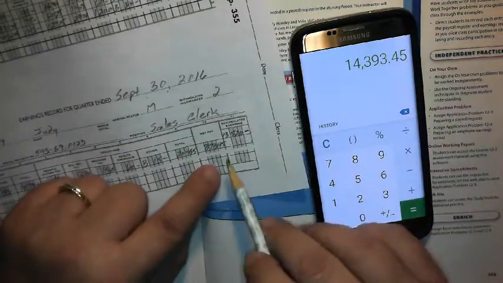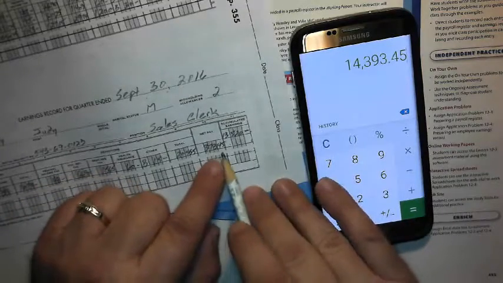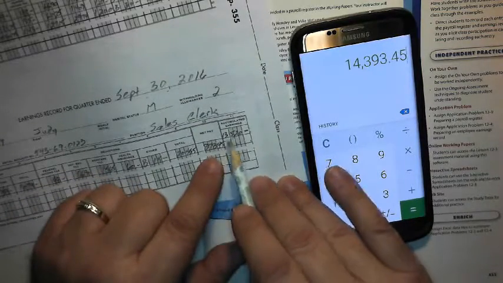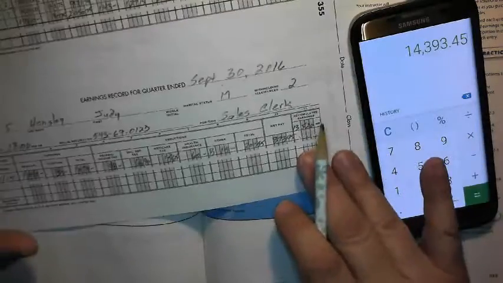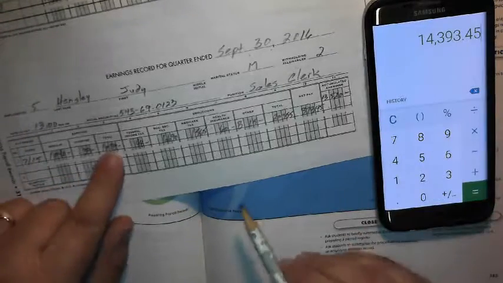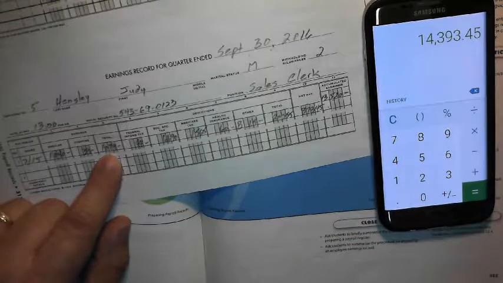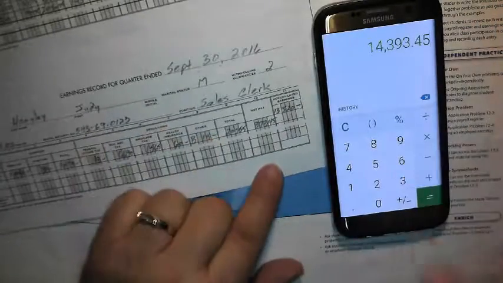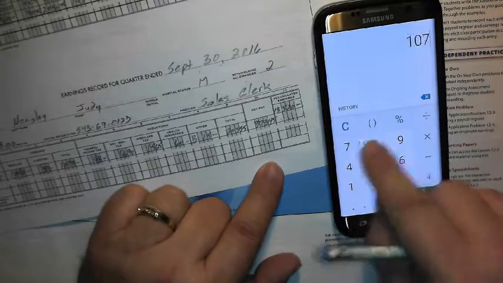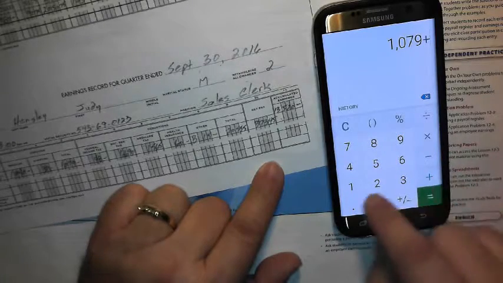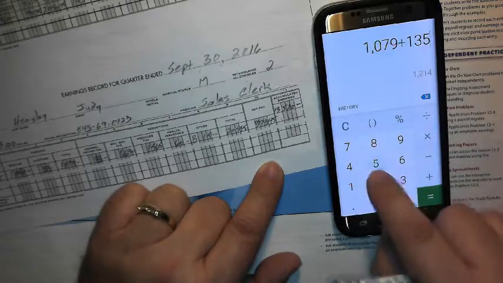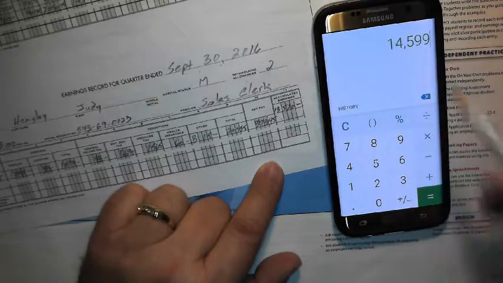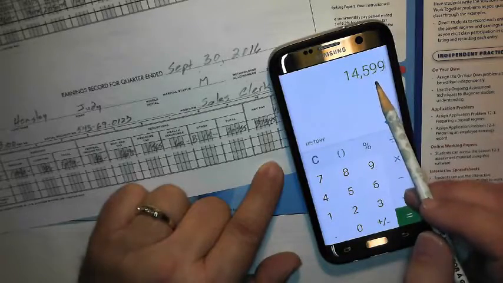So that's something that can commonly happen, is that a lot of students assume that you're just going to add the net pay. But actually what you need to do is go to the gross pay. That was the 1079. So 1079 plus 13,520 equals $14,599.